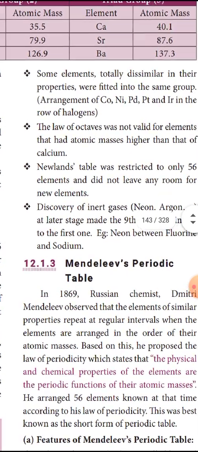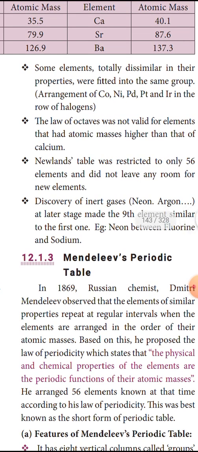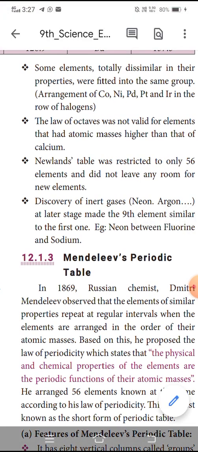The discovery of inert gases, that is neon and argon, at a later stage made the ninth element similar to the first one. For example, neon between fluorine and sodium. The inert gases are neon and argon.